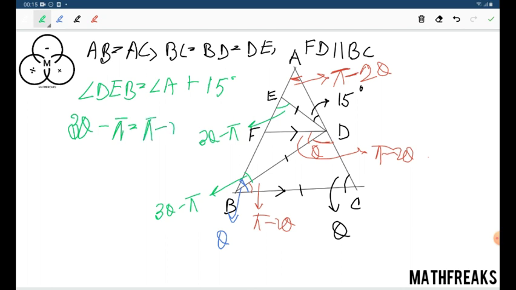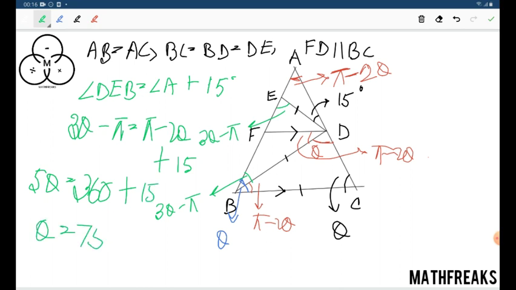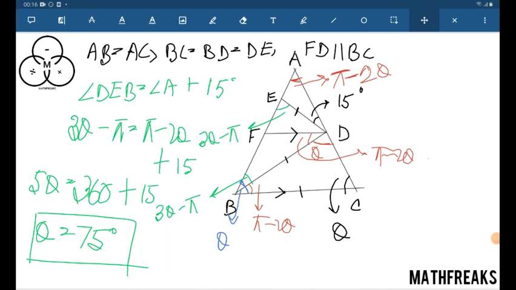Pi minus 2 theta plus 15, which means that 5 theta equals to 360, 2 pi plus 15, theta equals to 75 degrees. Theta equals to 75 degrees. Very simple angle chaser.